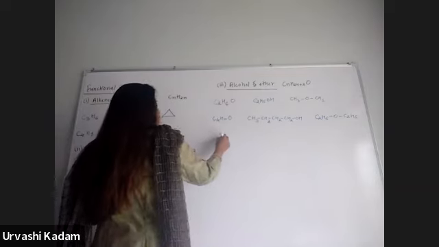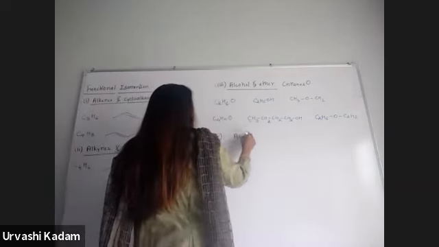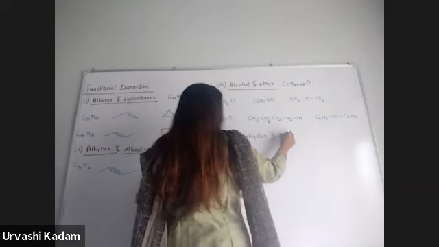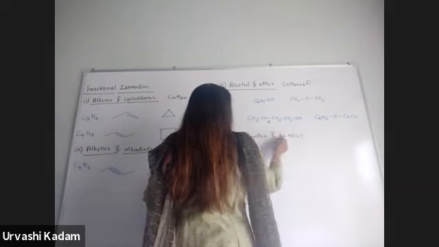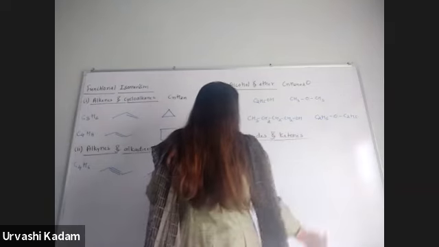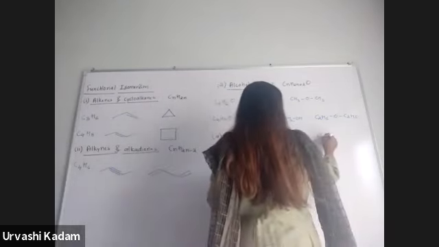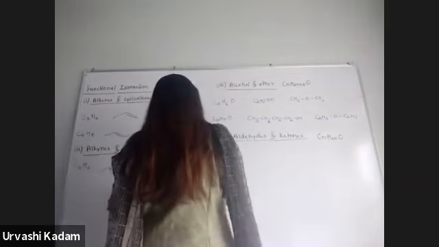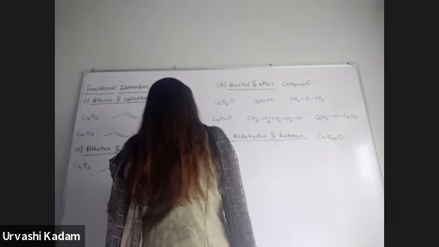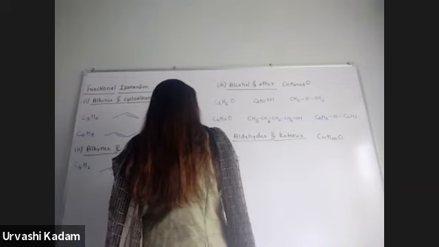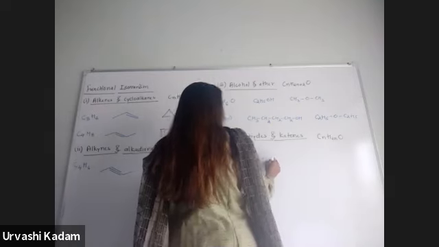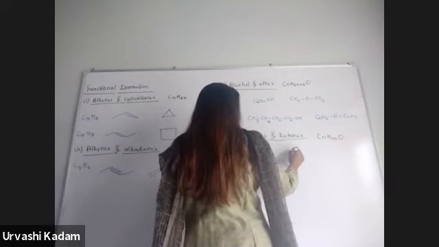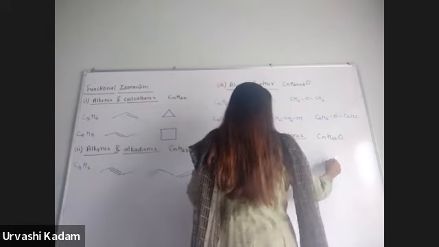Next is aldehydes and ketones. They are functional isomers of each other with the general formula CnH2nO. So if I'm taking C3H6O, with this formula I'll be getting a 3-carbon aldehyde and a 3-carbon ketone.